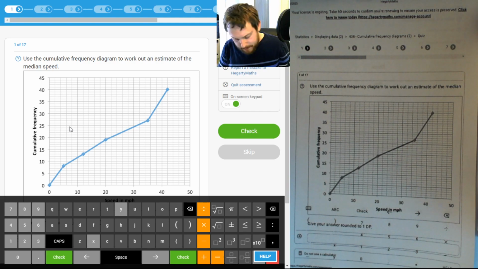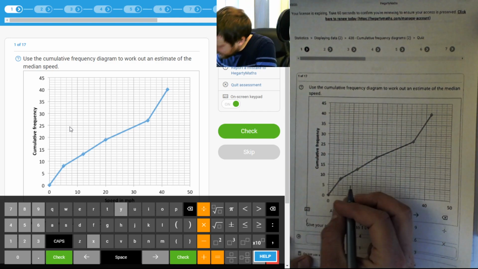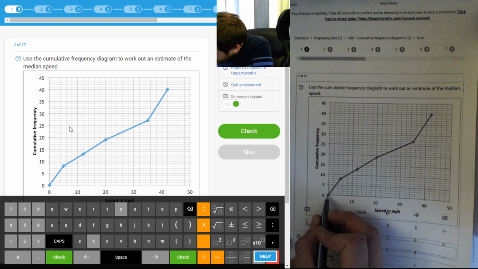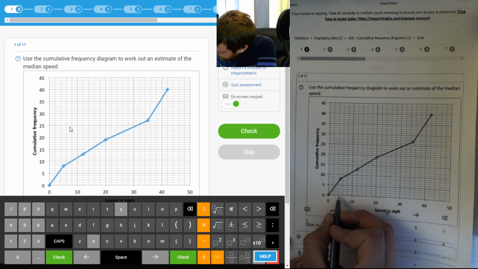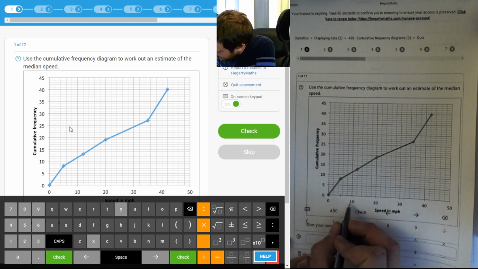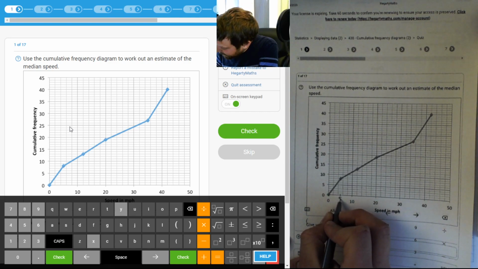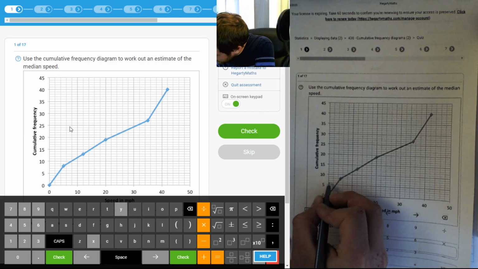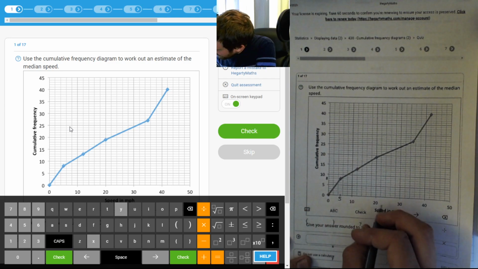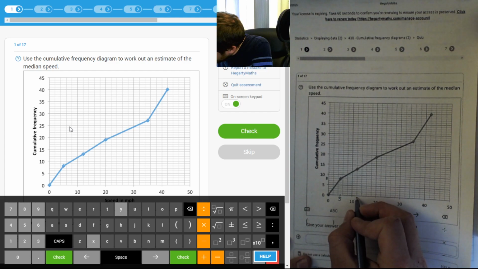Now let's actually have a look at what some of these coordinates really are. So we've got 0, 0. If I look at the scale, it's going up in tens along the bottom. So this will be 5, and then what's this? 6, 7, 8. So 5, 8. Then we've got this number here would be 11.